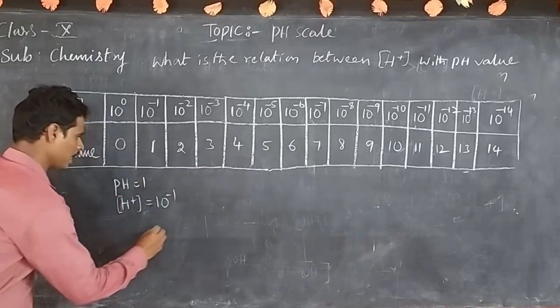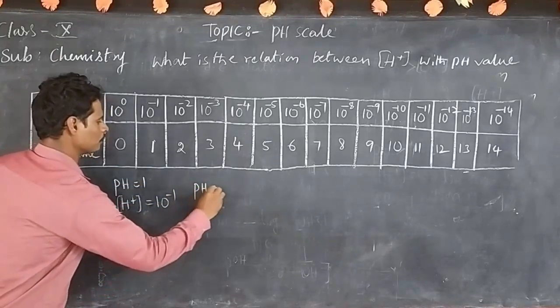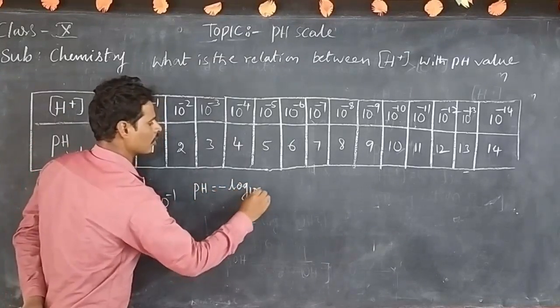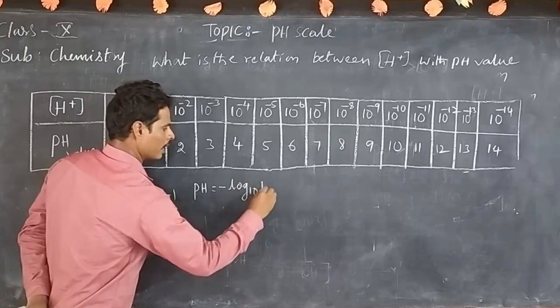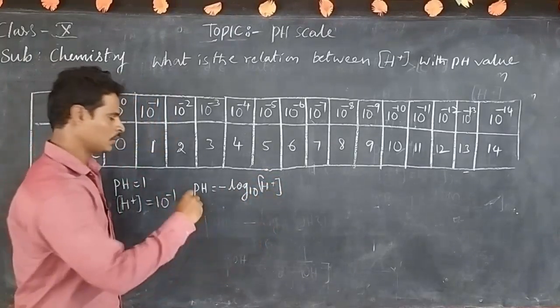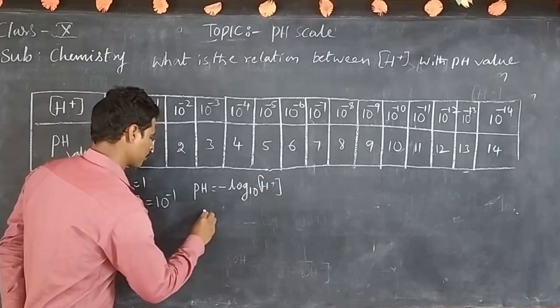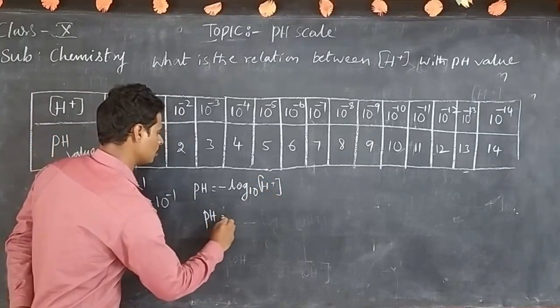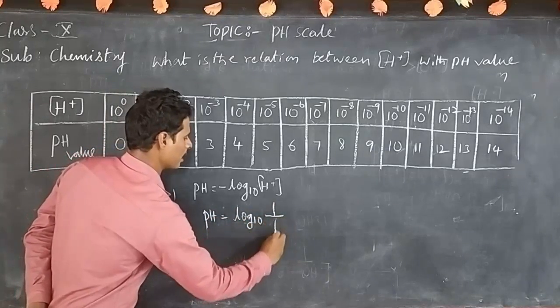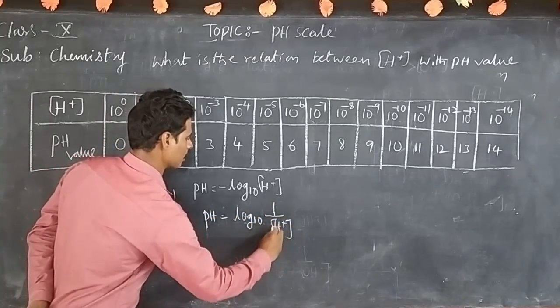Now check it. pH equals minus log 10 of H plus ion concentration. This one we should modify: pH equals log 10 of 1 by H plus ion concentration.